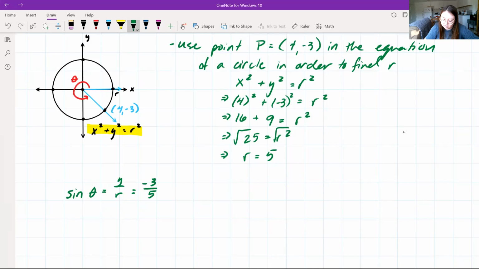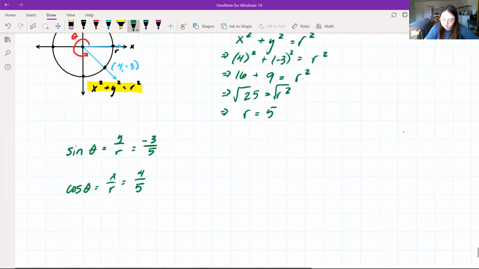Then cosine of theta is x over r, where x is 4, divided by 5. Then tangent of theta is y divided by x, where y is -3 and x is 4. So we get -3 over 4.